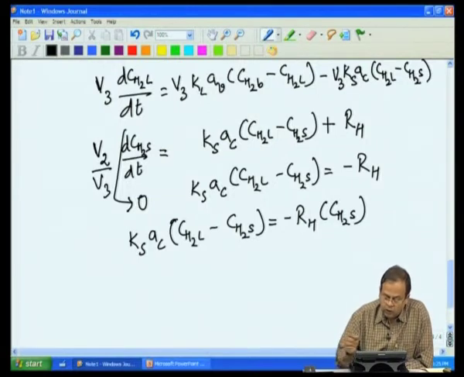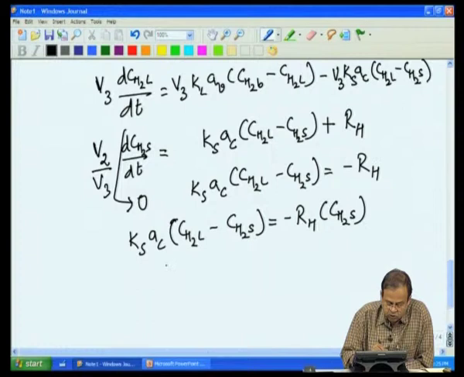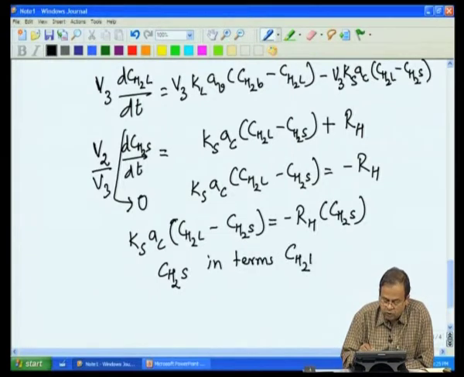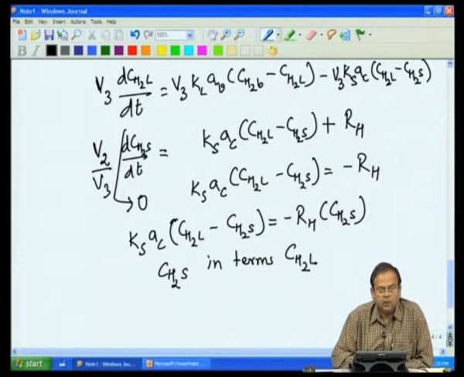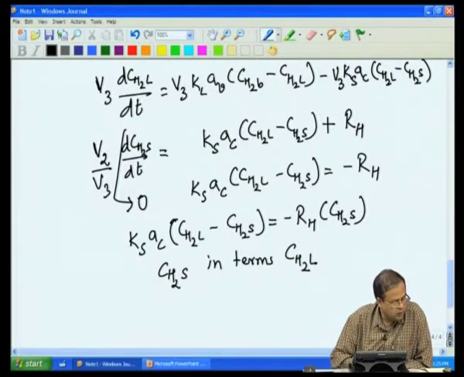Okay. So, now in other words, we know concentration of hydrogen on the surface in terms of concentration of hydrogen in the bulk liquid, but we do not know what is the concentration of hydrogen in the bulk liquid. Okay. That is not very difficult.